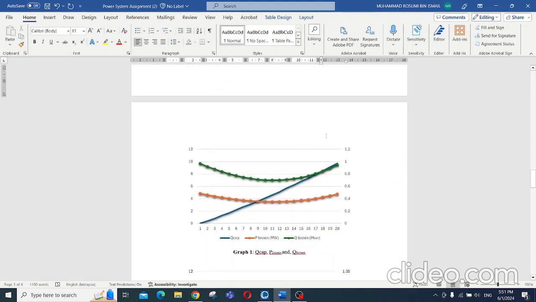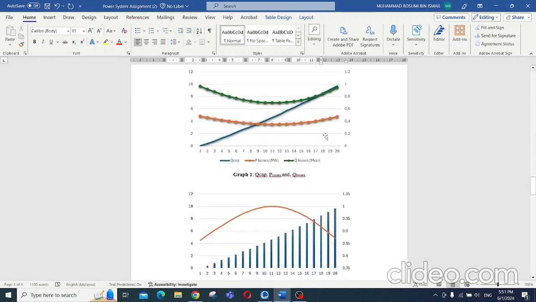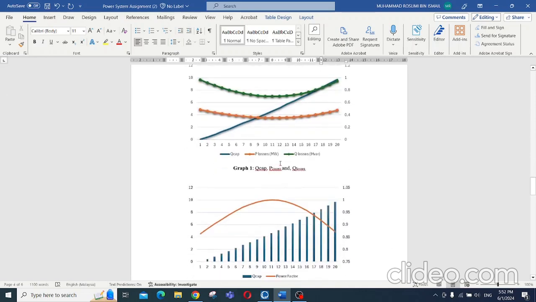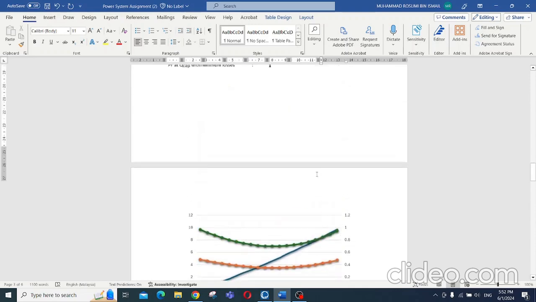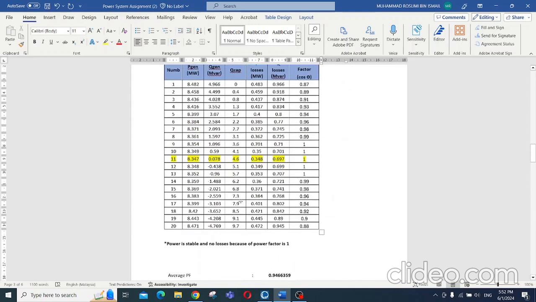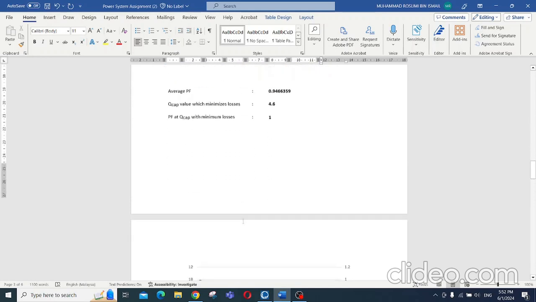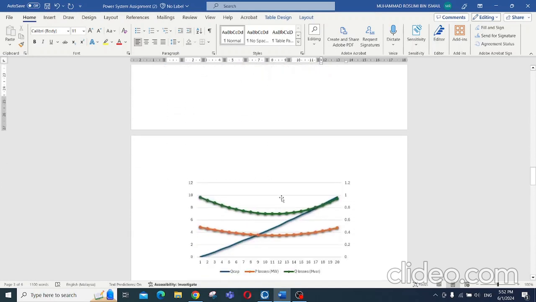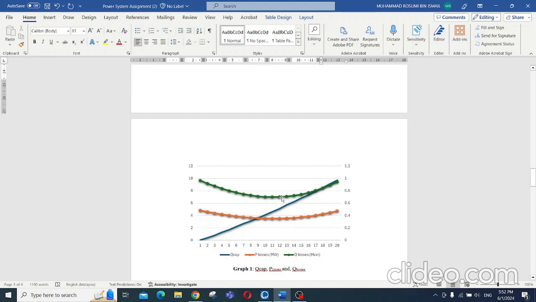After that I will explain about the graph of Q cap with P losses and Q losses. From 0 to 9.7 Q cap, both P losses and Q losses show variation. Notably, the average power factor across all Q cap values is 0.9466, indicating generally high electrical efficiency.